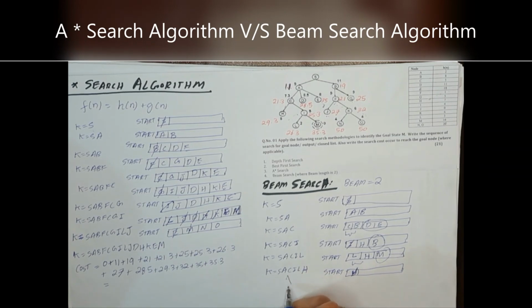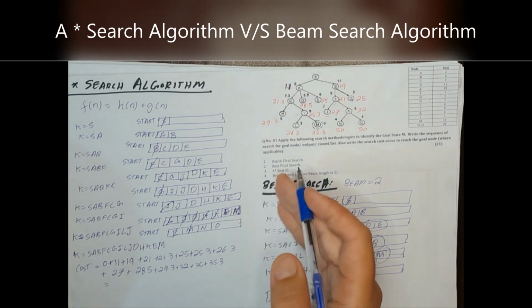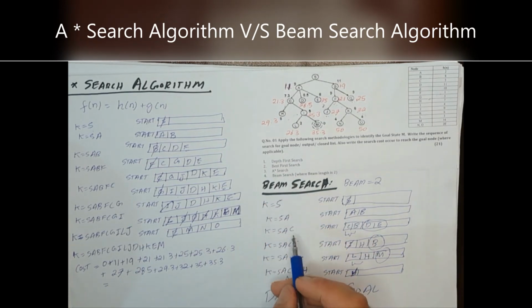But at the end of the search we didn't find the goal, so that is the solution. If we want, we can find out the cost, but the solution is that we didn't find the goal by the end of the search.